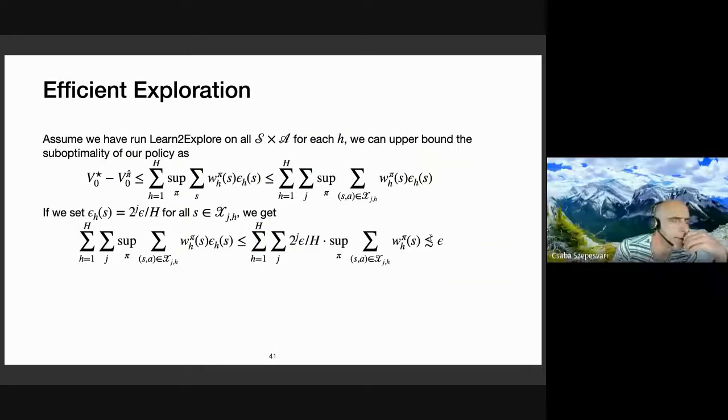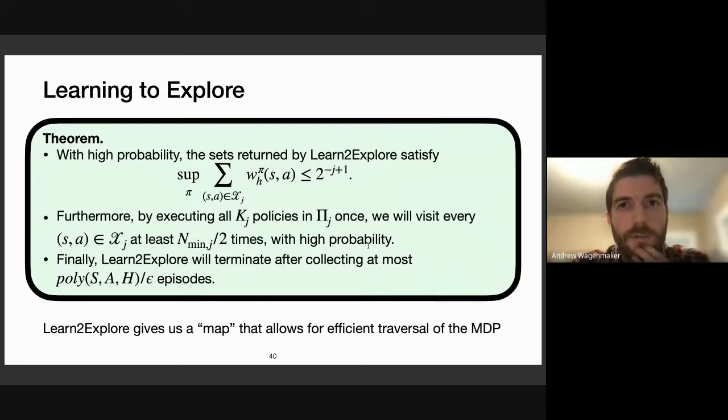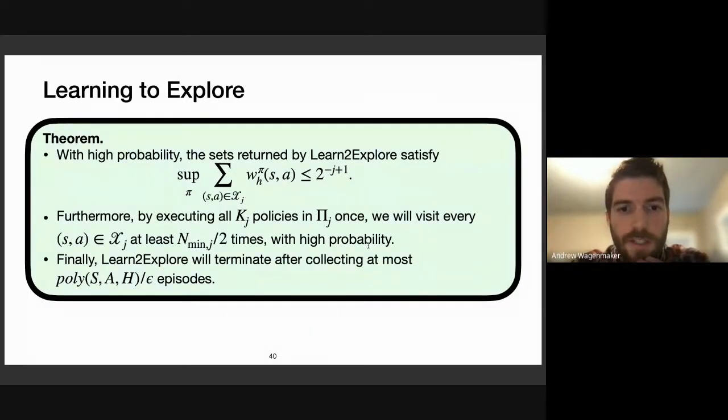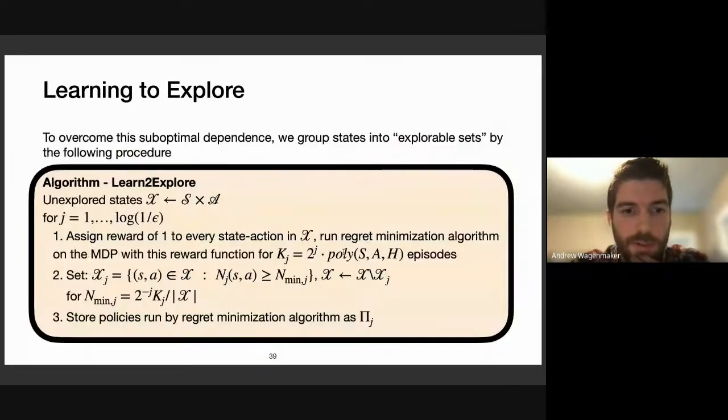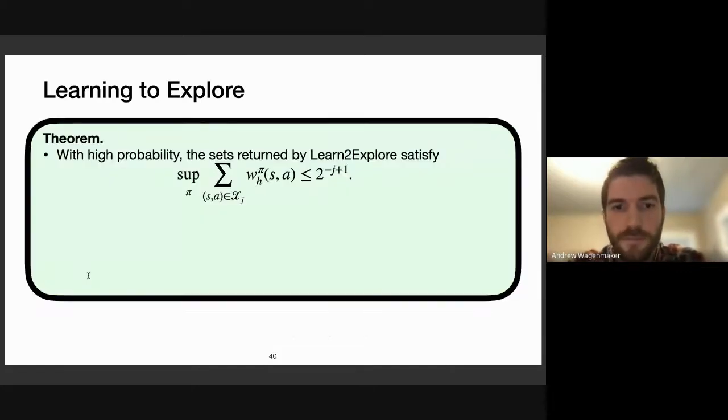So quick question, what's the definition of xj and h? Yeah, so I should have made this clear. So xj is simply this partition returned by this learn to explore algorithm. And so it's a set of states and actions that can be reached at roughly the same rate. The key property is it satisfies this, so we can upper bound the reachability.